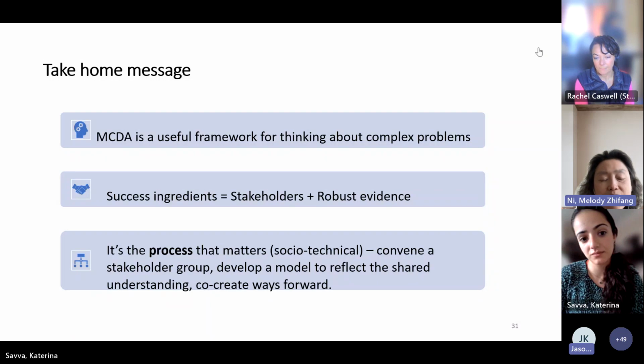So evidence can be used to reduce uncertainty, and the MCDA model can be used to capture the evidence. And here I want to say that the evidence isn't limited to only published evidence. Evidence can be expert judgments, or can of course be generated by randomized control trials.